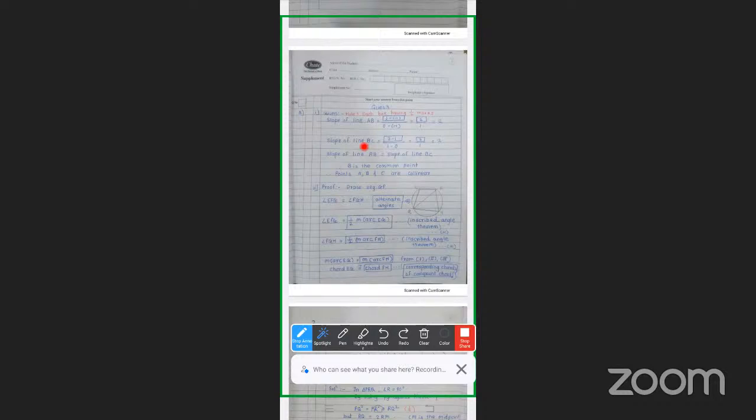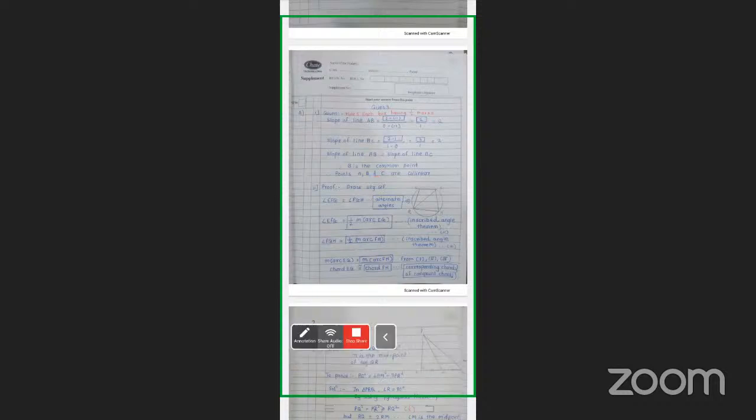Again put the values: 3 minus 1 upon 1 minus 0. 3 minus 1 is again 2, so 2 upon 1, nothing but 2. So the slope of line AB is equal to the slope of line BC. That indicates that B is the common point. So points A, B, C are collinear, correct? So what is our conclusion? Points A, B and C are collinear.